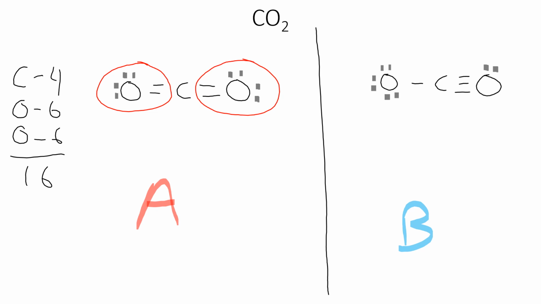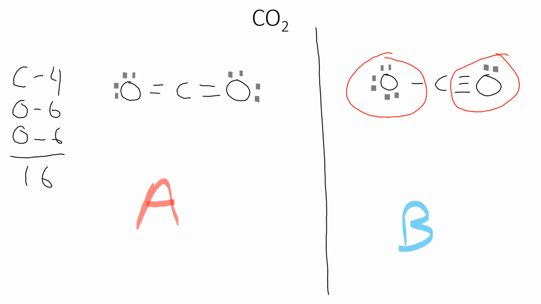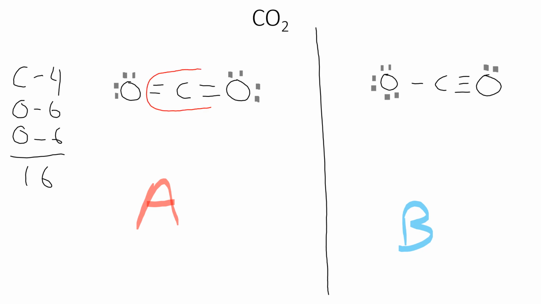Structure A on the left, oxygens both have 8, that's good. Structure B on the right, you count up the total number of electrons, they both have 8, that's good. Next, you might compare the central atoms. Are they following the octet rule for the central atoms? And you'll see that in both cases they are following the octet rule.